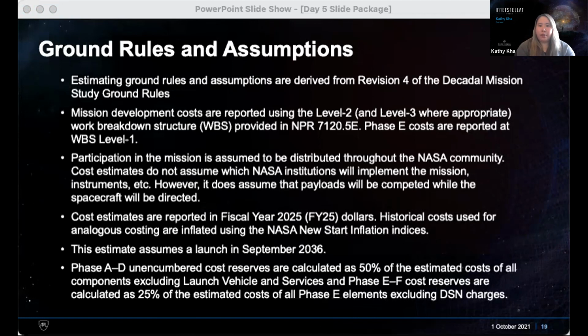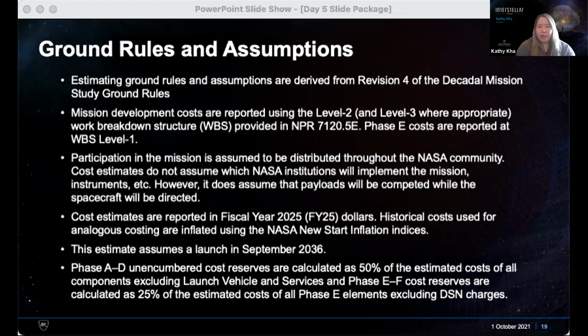In terms of how the costs are reported out, we follow the standard NASA WBS. So, we have 1, 2, and 3 being PMS, EMA, and so on. For phases A to D, the costs will be reported at the level 2 level of detail. And for the payload and the spacecraft bus, we'll be showing level 3 level of detail.